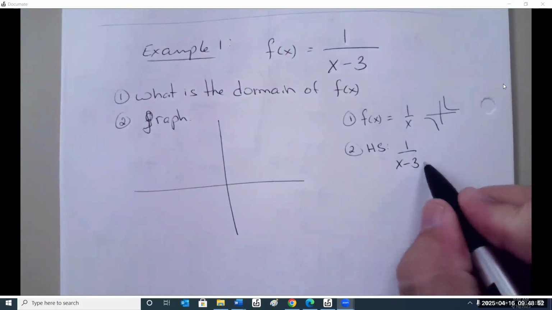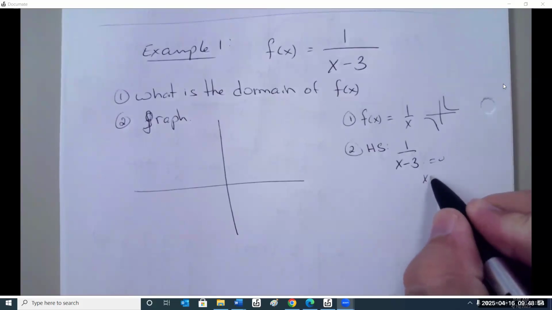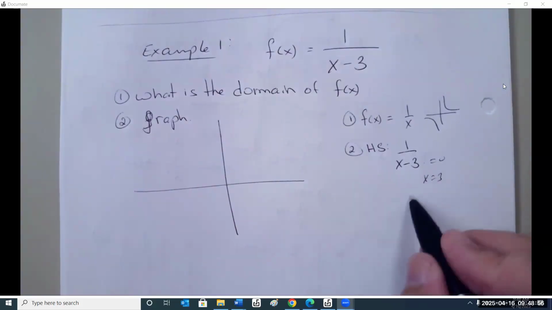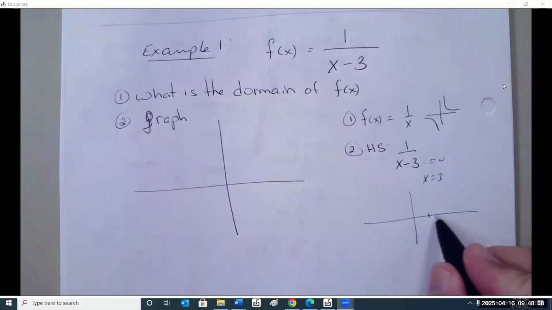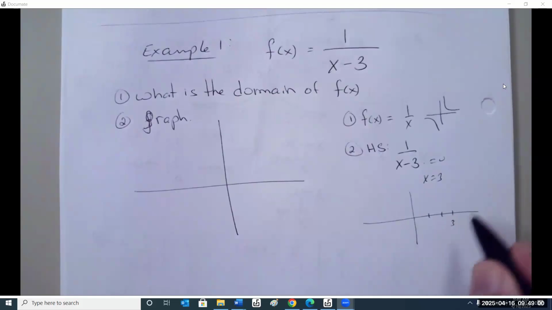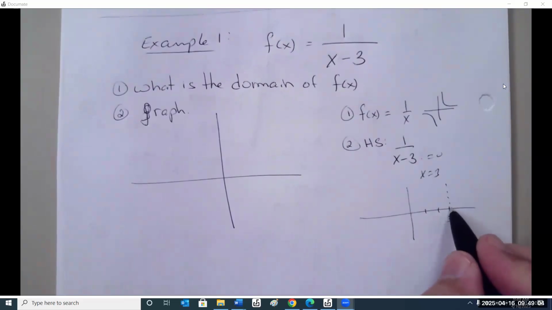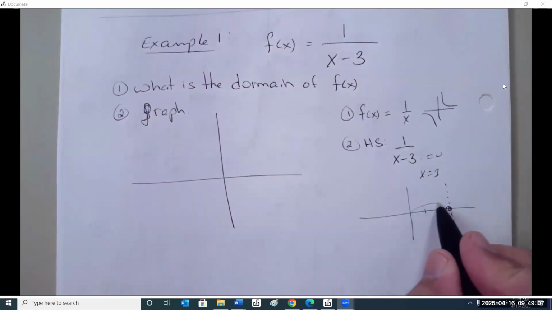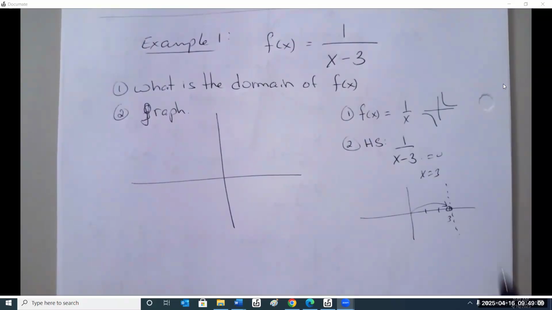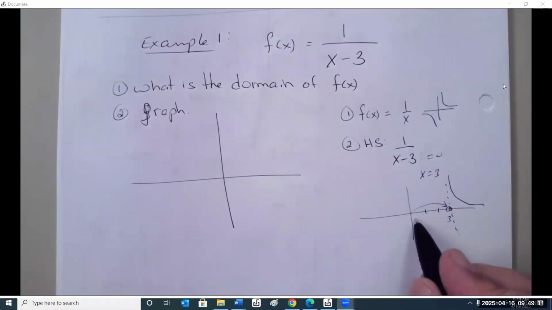Very good. Because we set the bottom equal to 0, we get x equals 3. So we shift it to the right 3 spaces. Remember, that's our new origin. So we shift from here to there. The graph still looks the same.